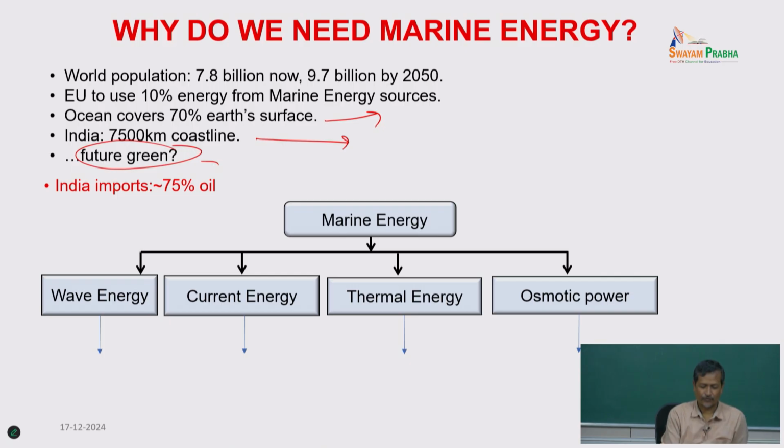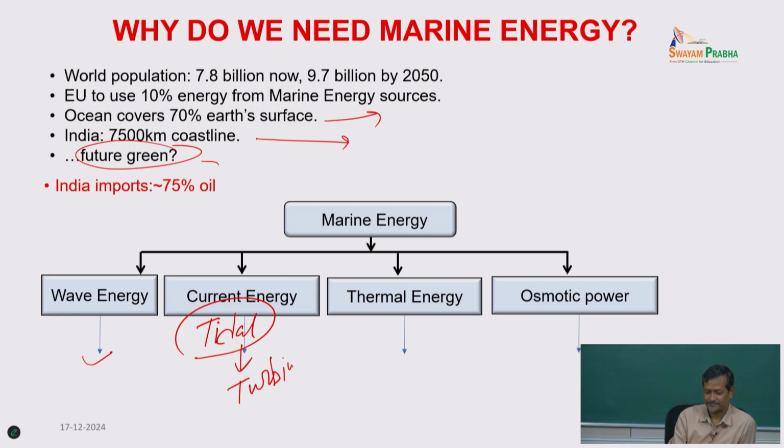So wave energy you have already discussed, there are several types: point absorber, oscillating water column, overtopping device, right, and current or tidal energy. Tidal energy is basically turbine based, okay, some other types are also there, but basically turbine.